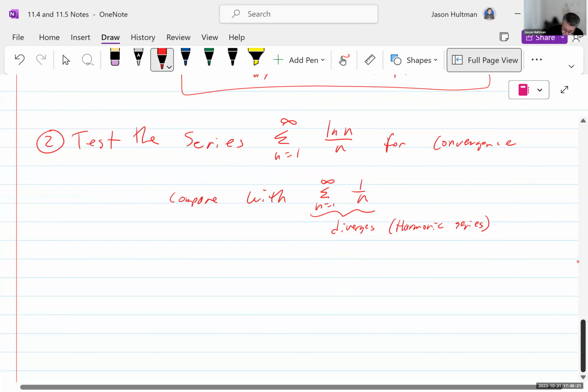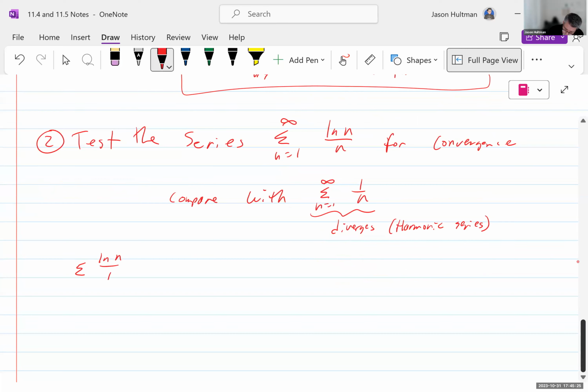Well, if I look at the summation of natural log of n over n, as n equals 1 to infinity, and I compare that with 1 over n, n equals 1 to infinity, this is going to be the natural log of 1 over 1 plus natural log of 2 over 2 plus natural log of 3 over 3 plus natural log of 4 over 4 plus natural log of 5 over 5 plus forever.